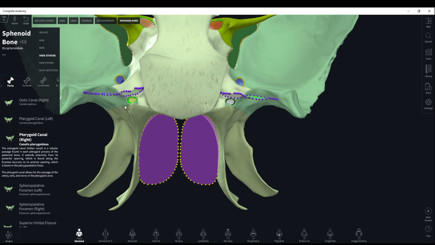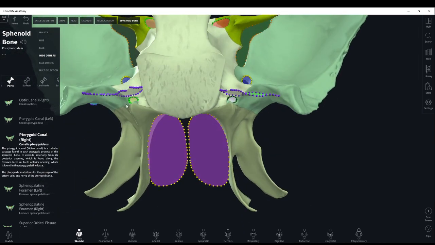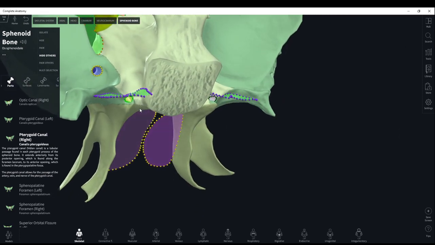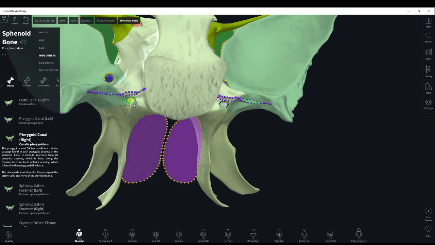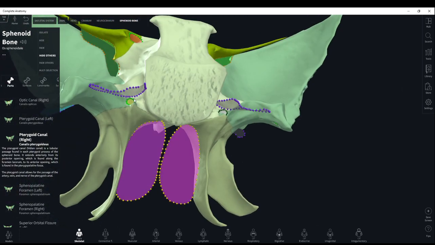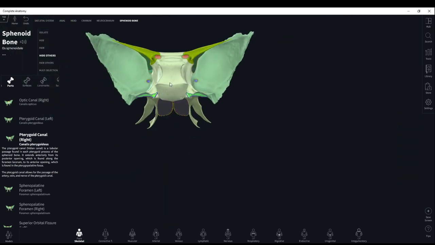It extends anteriorly from its posterior opening, found along the foramen lacerum, to its anterior opening, found in the pterygoid fossa. The pterygoid canal allows passage of arteries, veins, and some nerves, which you will learn later.